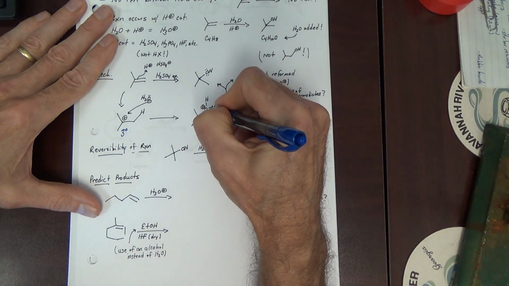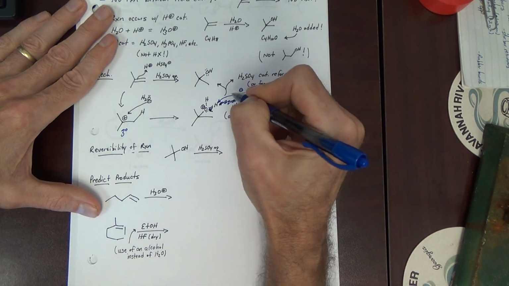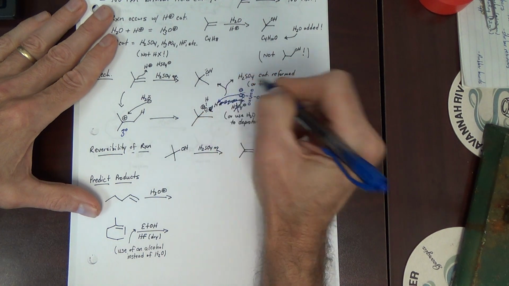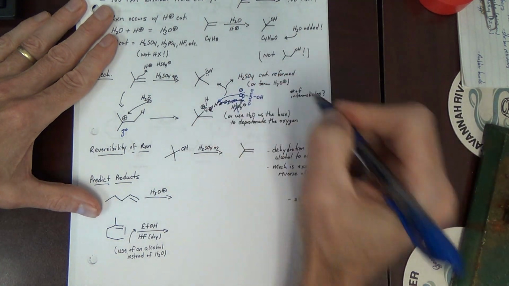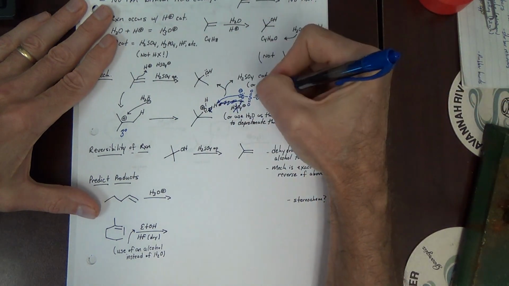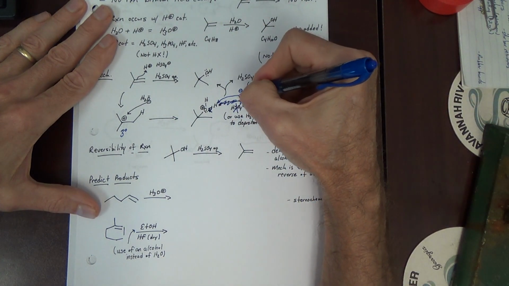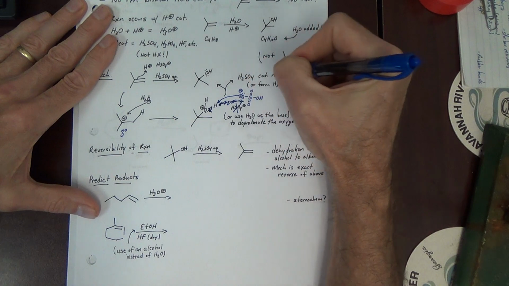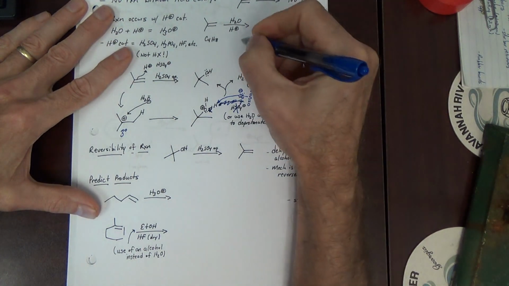And then these electrons move on to oxygen to become a second lone pair. And now the O has taken the H, and H2SO4 has been reformed.